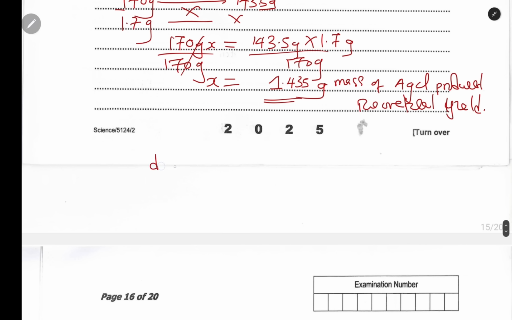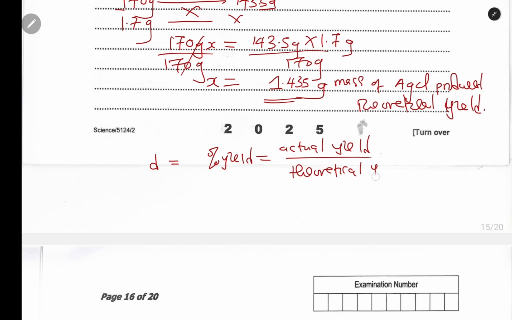So we are going to say percentage yield is equal to actual yield divided by theoretical yield multiplied by 100%.